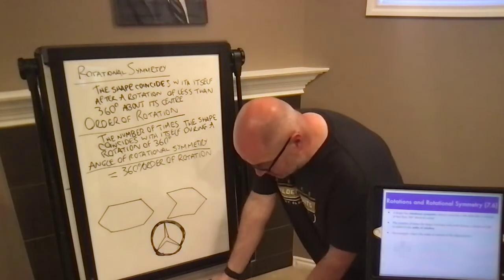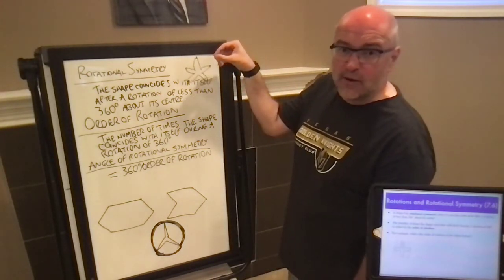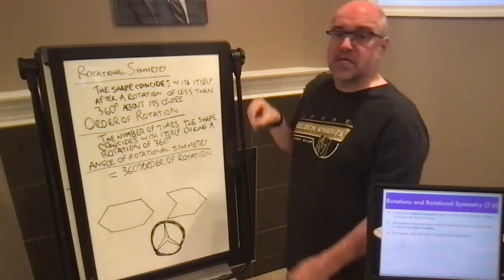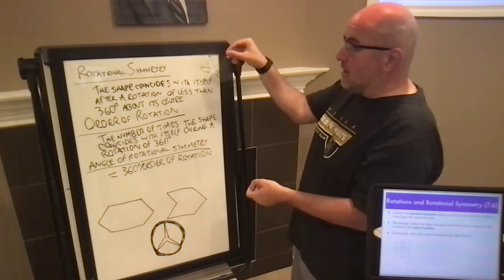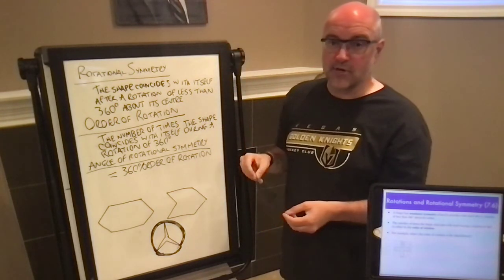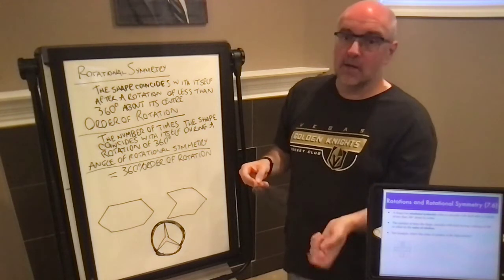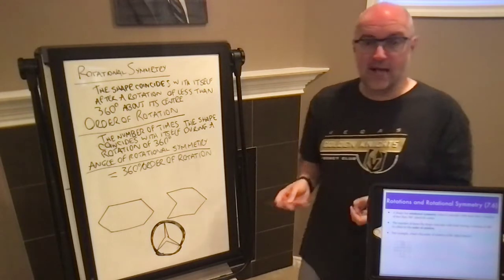I'm going to get you to do a little bit of brainstorming right now. Here's my starfish again. Can you tell me what the order of rotation would be for the starfish? How many times does the starfish coincide on itself during that 360 degree rotation? Pause me if you need to. I'm going to give you the answer in 3, 2, 1. The answer is 5.